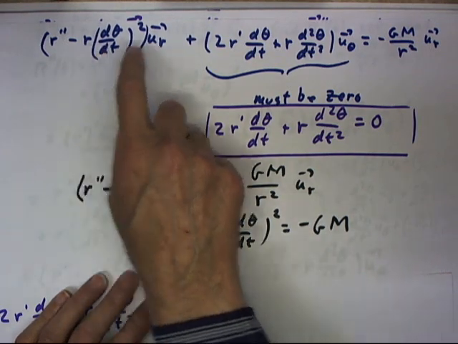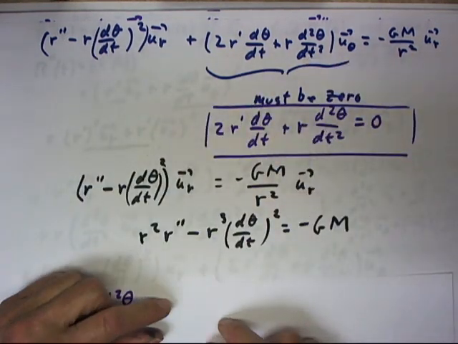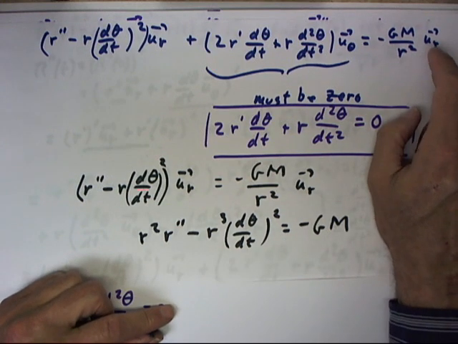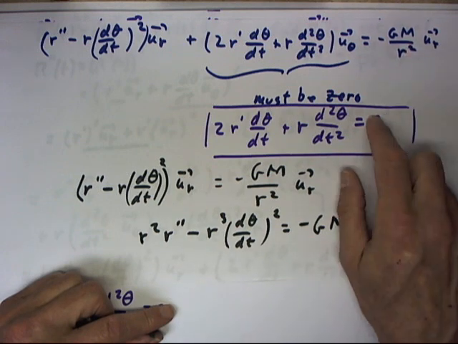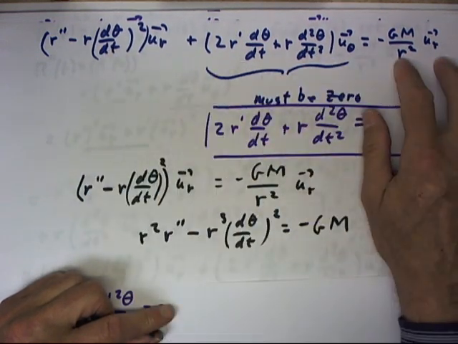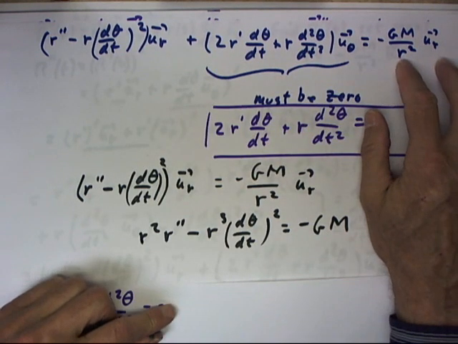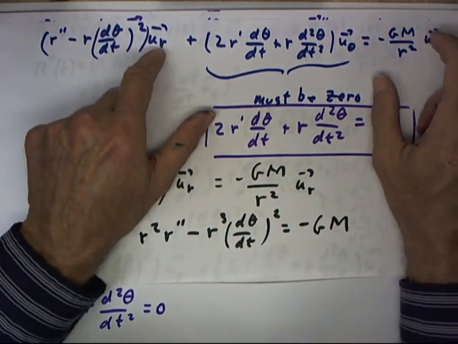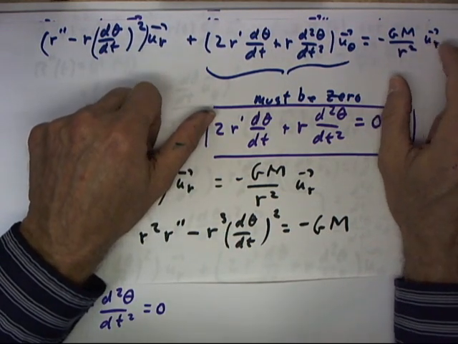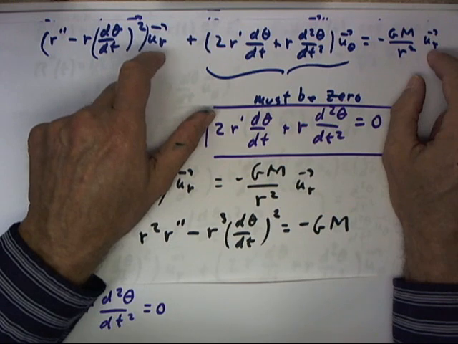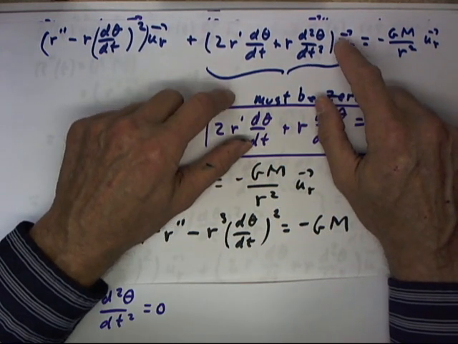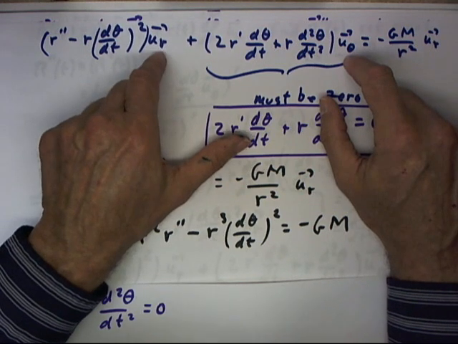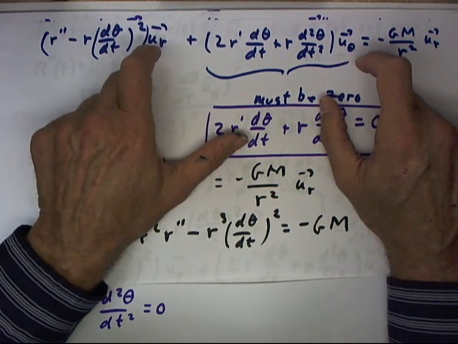We've seen then that the condition that the acceleration of the planet be back toward the sun and have this magnitude results in this equation, and we observe that this side is a multiple of u_r. This side is a multiple of u_theta. Now u_theta is perpendicular to u_r, our unit vector in the r direction.